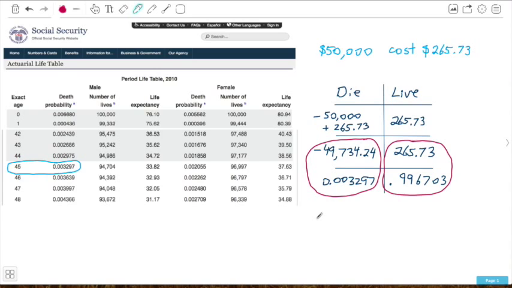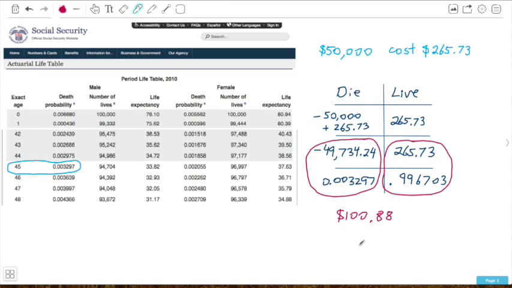So when we do that, it'll be negative 49,734 and 24 cents times the probability of dying, 0.003297, and then add on to that 265.73 times 0.996703 for a grand total of $100.88.